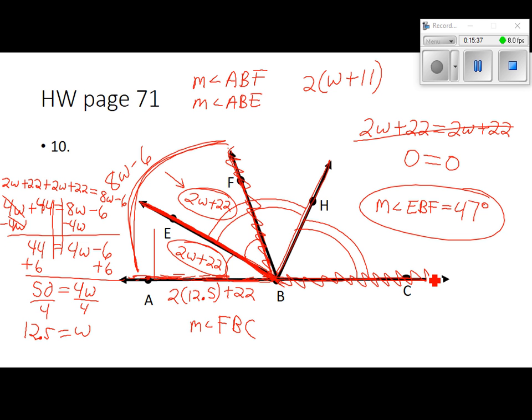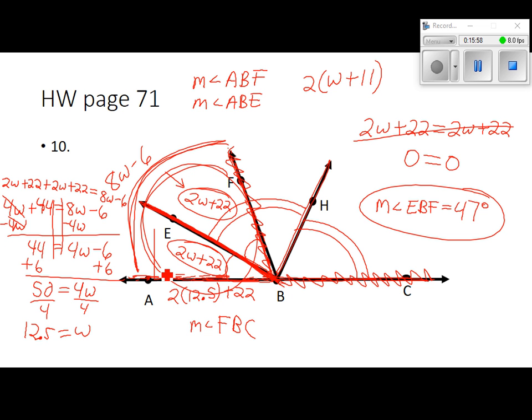How could you find that angle? 180 minus 47. Just 47? No. It's 47 and 47, right? You're subtracting off this whole thing right here. So it'd be 180 minus the 47s added together, right?